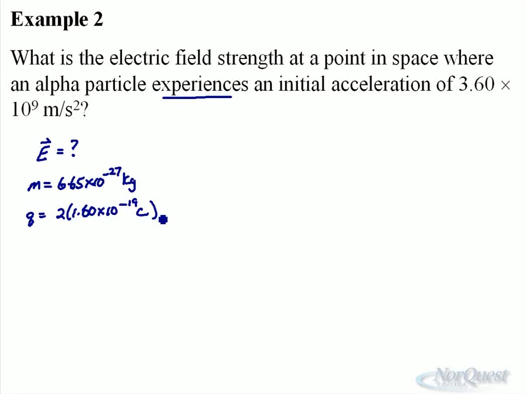We also know this thing experiences an acceleration of 3.60 times 10 to the 9 meters per second squared. So this is the electric field resulting from an object. This is the one experiencing it, so the alpha particle is the test case.